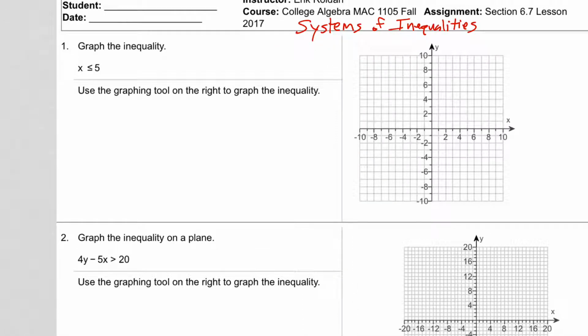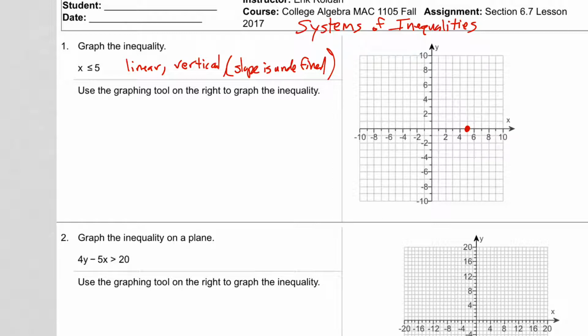Okay, so first of all, this inequality is linear. It's also vertical. Why is it vertical? It's because the slope is undefined. So basically, this is going to be at x equals 5.